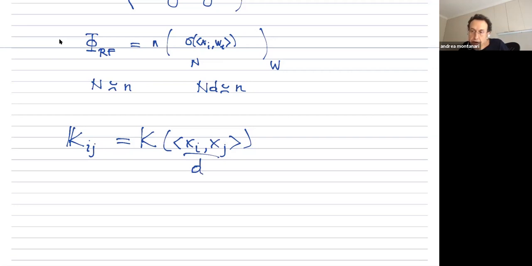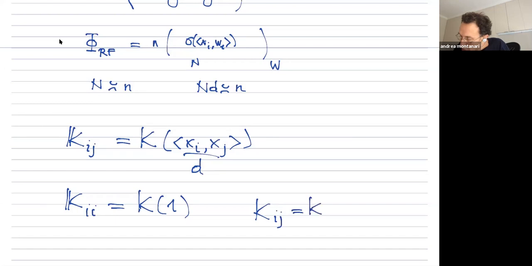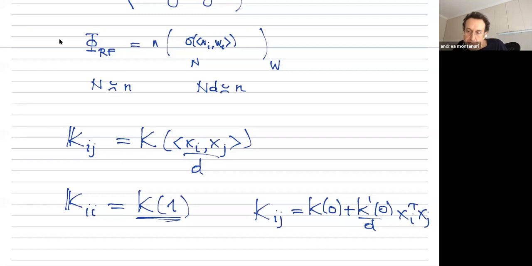But if i is equal to j, this is k of 1. So Kii is equal to the function k at 1, while Kij is basically k of 0 plus k prime of 0 over d times xi transpose xj. So you see that you have an extra term on the diagonal. You see the nonlinearity in the kernel only when the two points coincide.